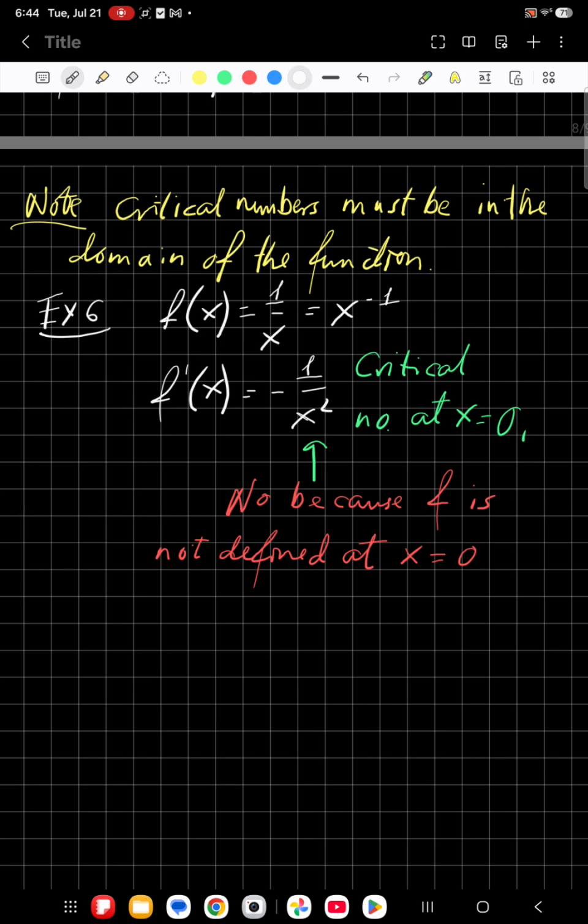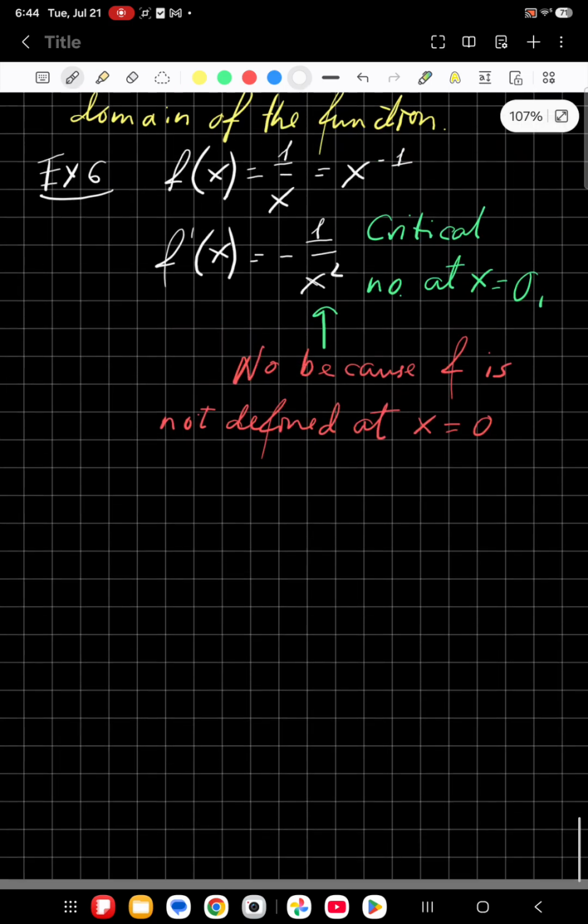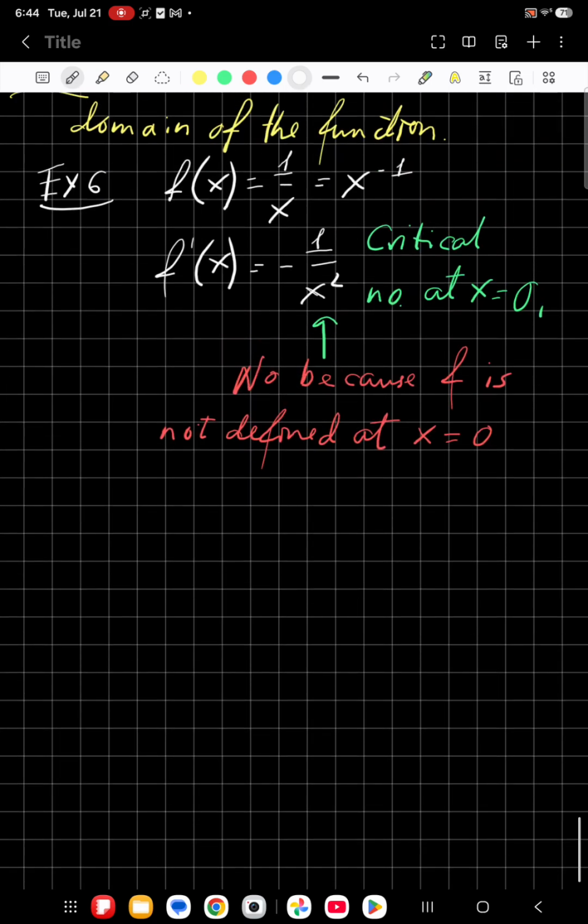All right, so let's do the last example for this section. I have example 7, and it goes like this.